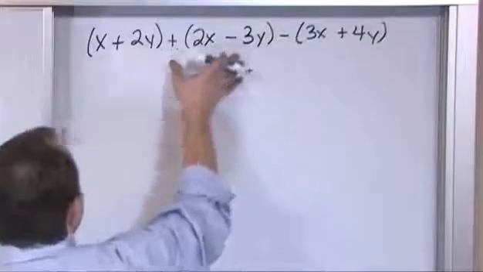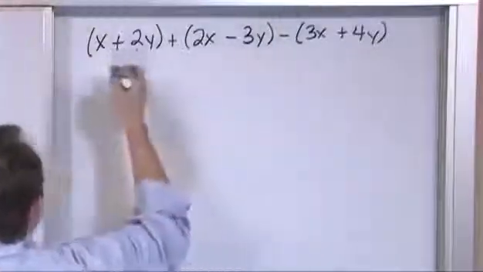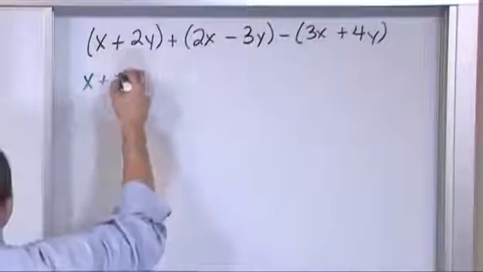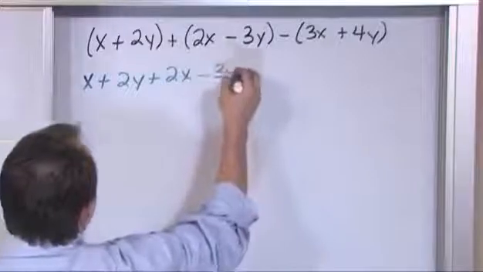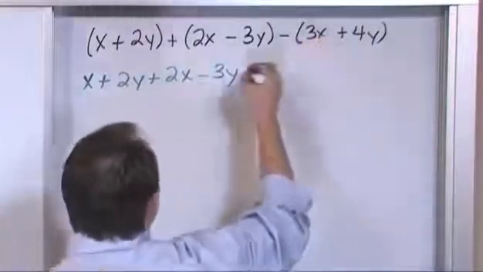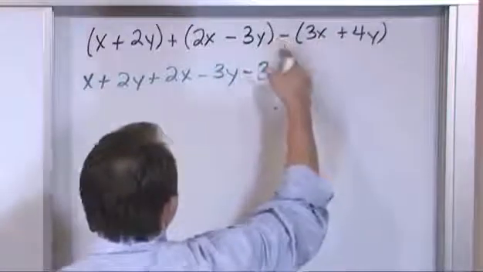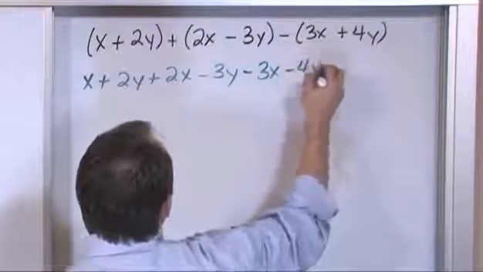The parentheses don't really matter for the first two because I have a plus sign. It's like distributing positive 1, so I can just rewrite those: x plus 2y plus 2x minus 3y. But when I get to the last one, I need to distribute this negative 1 in. So negative times 3x is negative 3x, and negative times 4y is negative 4y.